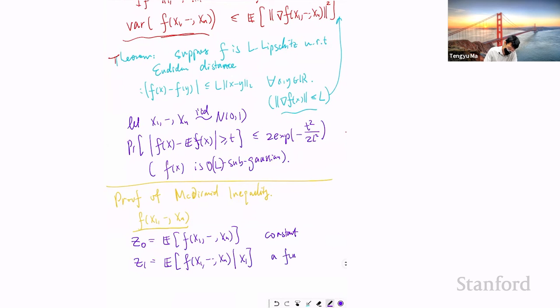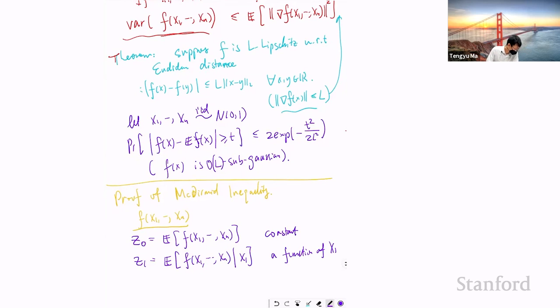This is a function of x1, so basically z1 is a function of x1, but you average out all the other xi's.